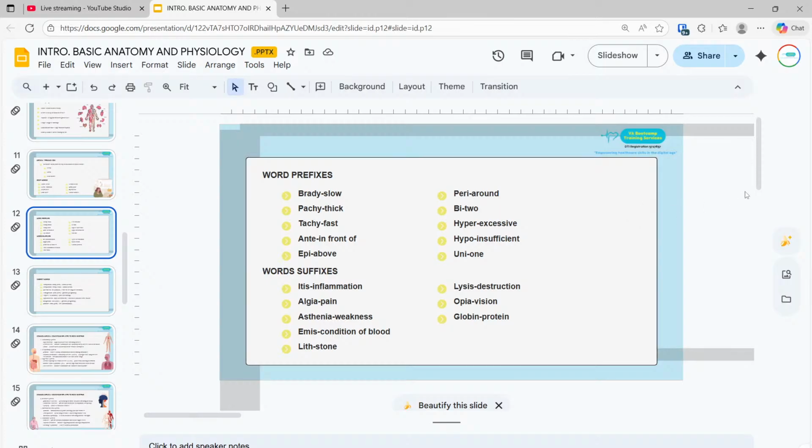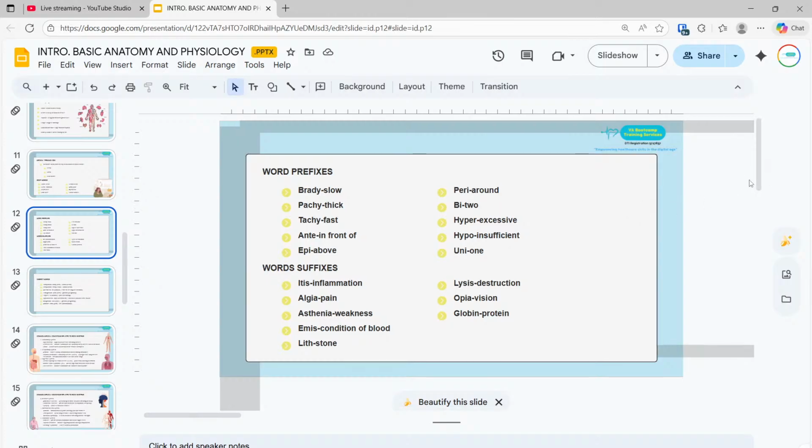Okay, so let's give an example for this. So for word prefixes, brady means slow, pachy means thick, tachy means fast, ante is in front of, epi is above, peri is around, bi means two, hyper means excessive, hypo means insufficient, and uni means one. Okay?